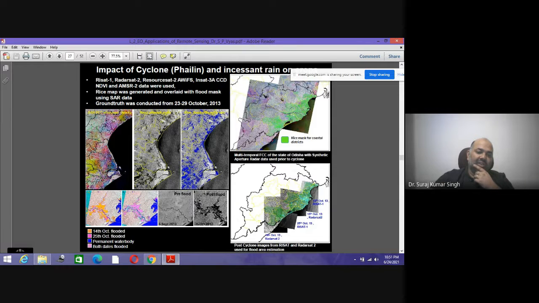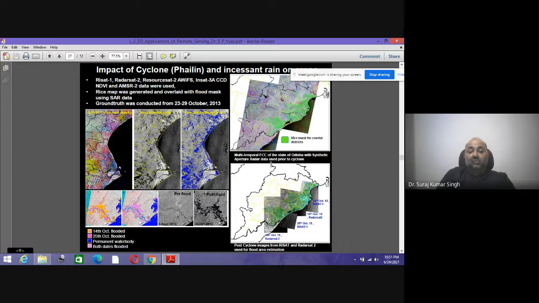We'll use different indices to map the accurate flood affected area, and then superimpose it with the pre-flood condition to see the amount of damage in any area. You can see that on 5th September 2013 there was no flood in any area, but on 25 October these black zones are representative of the flood affected zones.